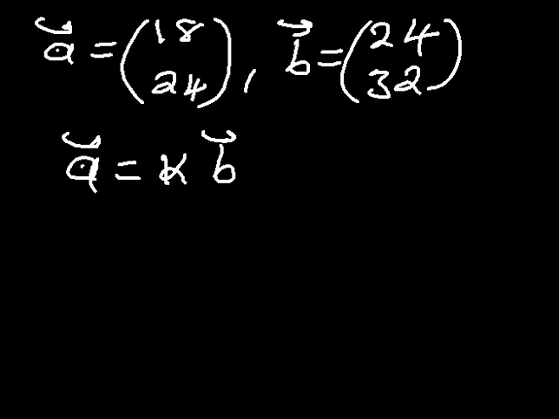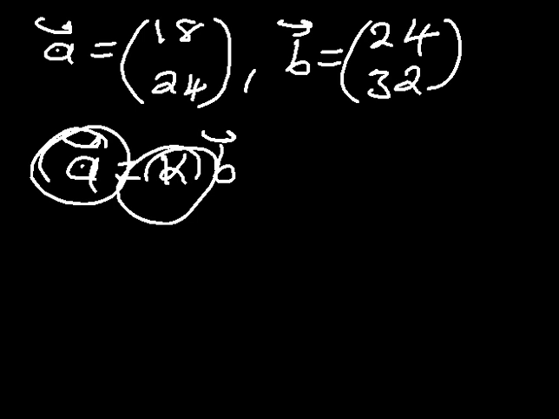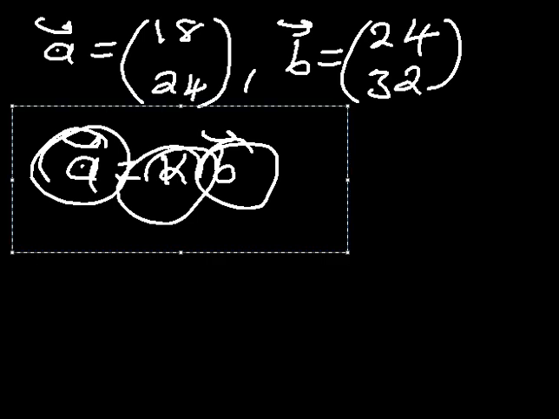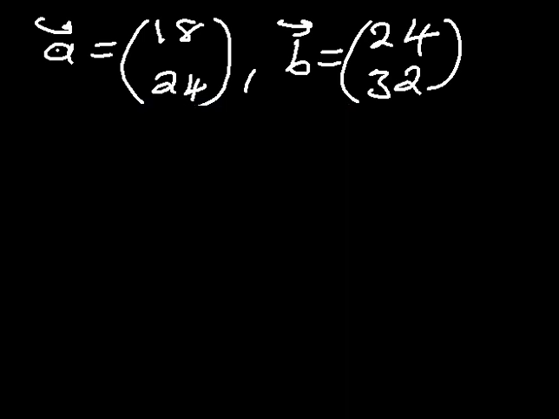In other words, the vector A has to be equal to a scalar, that is k, times the vector B, where k is a scalar value, that is a constant. Of course, it can be whichever constant is of our interest, but preferably we make use of k as a constant. In this case, we have vector A equal to k times vector B.